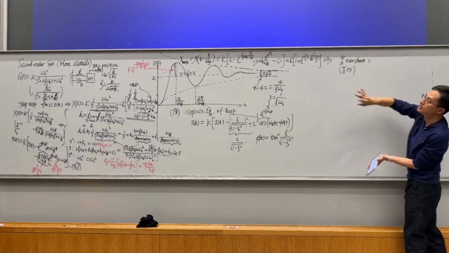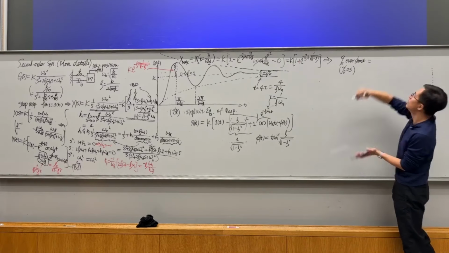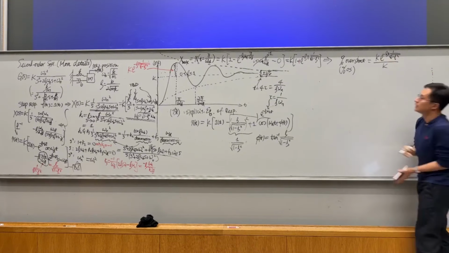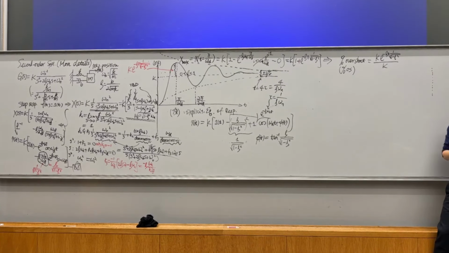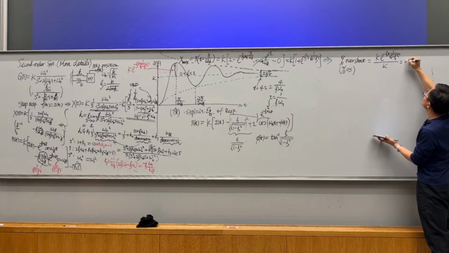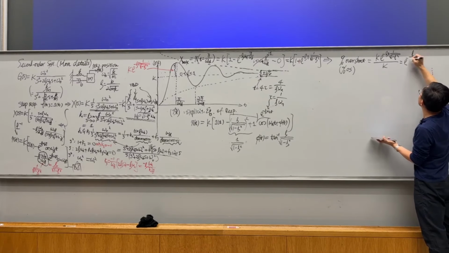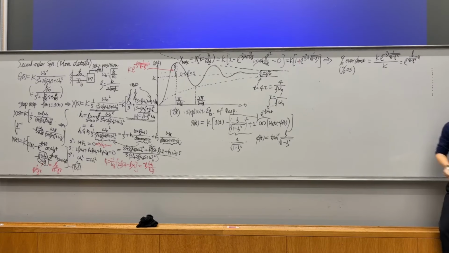This is defined by the red term over the steady state value. So that is simply e to the negative zeta times 1 over the square root of 1 minus zeta square times pi. So that is the percentage overshoot.